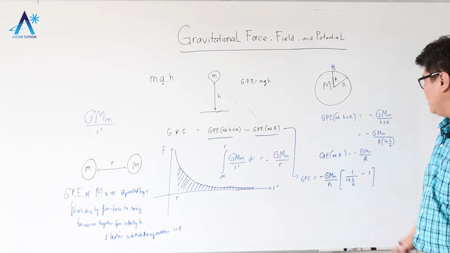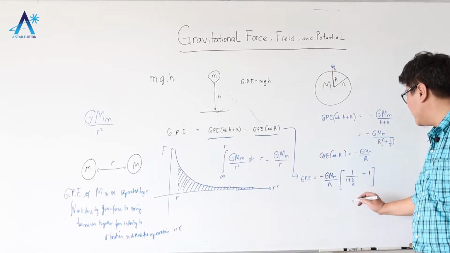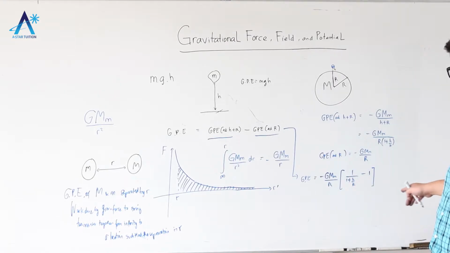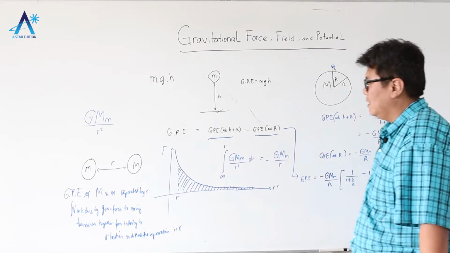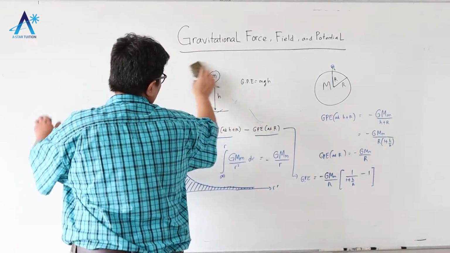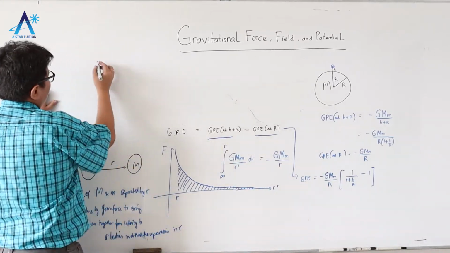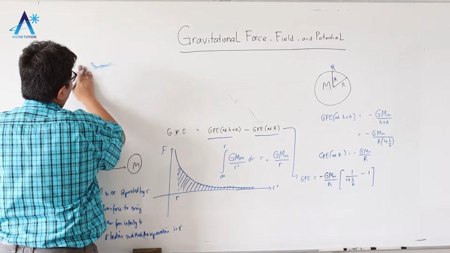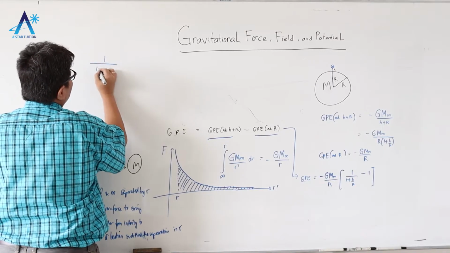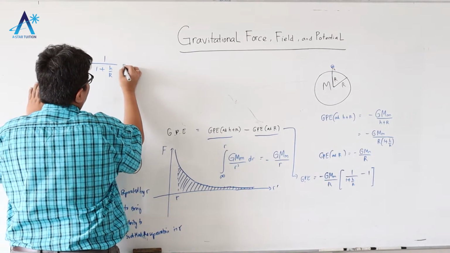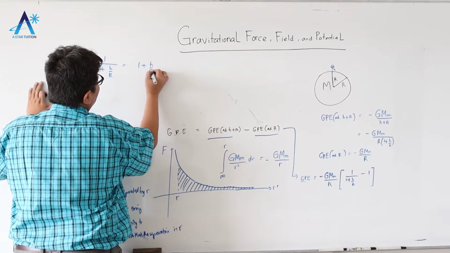Now here we have the expression 1 divided by 1 plus h over r. Let me use this part of the board to show it to you. 1 divided by 1 plus h over r can be written as 1 plus h over r to the power minus 1.